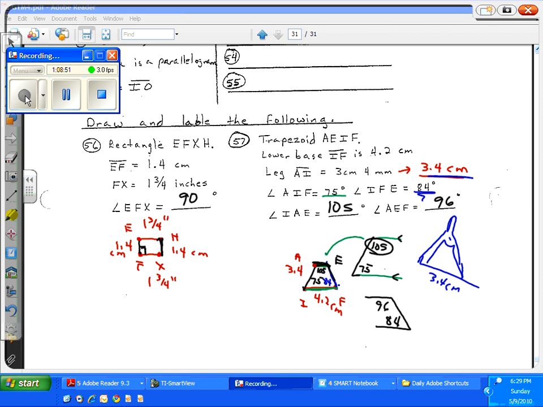If those are parallel, which they are, because in a trapezoid, one pair of opposite sides is parallel. That's the definition. Those parallel sides are called the bases. Then if those are parallel, then same side interior angles are supplementary, meaning that the sum of their angles is 180 degrees. Any questions on 56 and 57?